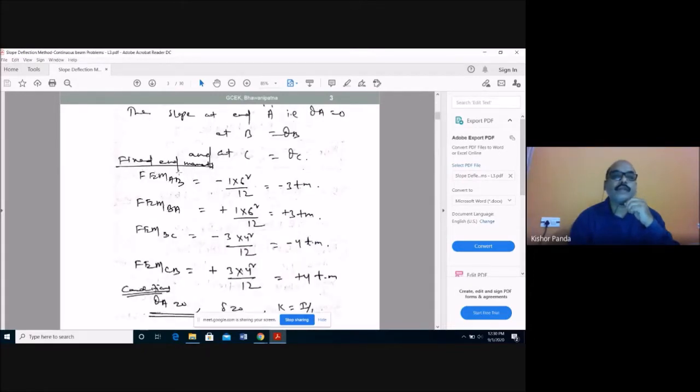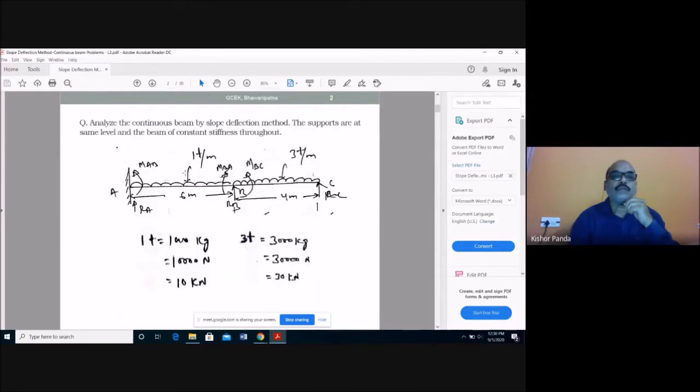The first step is to find the fixed end moments. You know how to find the fixed end moments because here we have a uniformly distributed load on span AB and span BC. The formula for the fixed end moment is: this side minus WL square by 12 and this side plus WL square by 12.